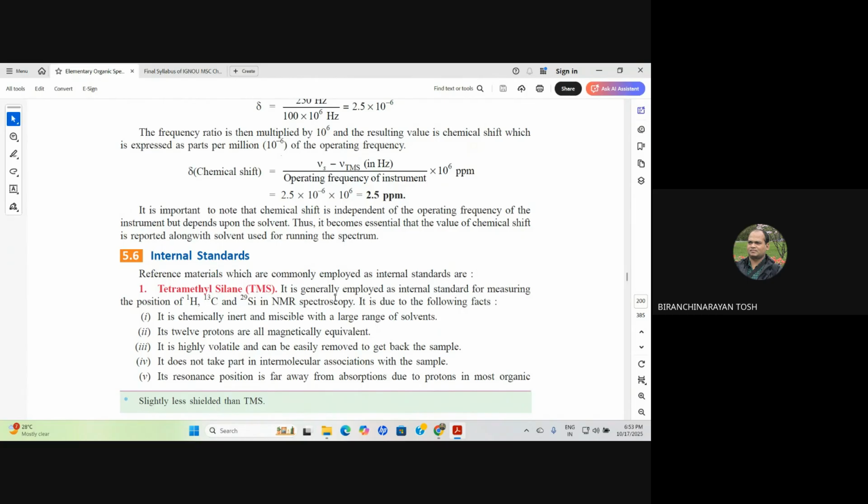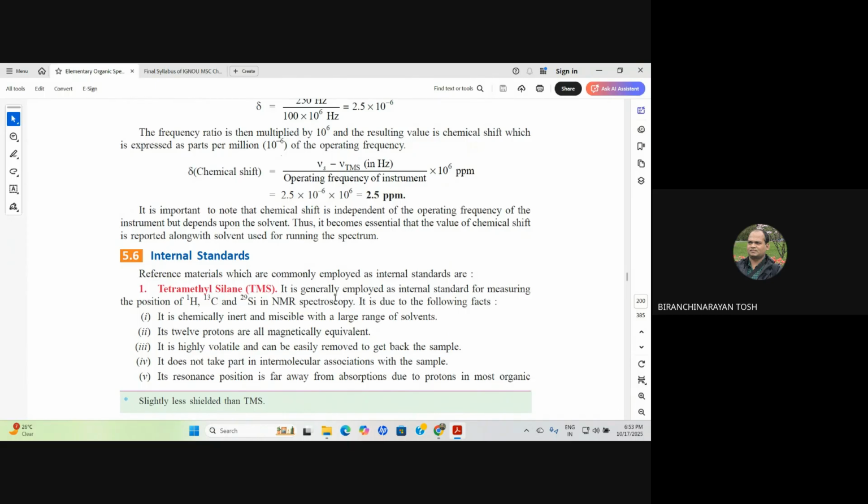But commonly tetramethylsilane is used as the internal standard. It is generally employed as an internal standard for measuring the position of proton, C13, and silicon 29 in NMR spectroscopy.